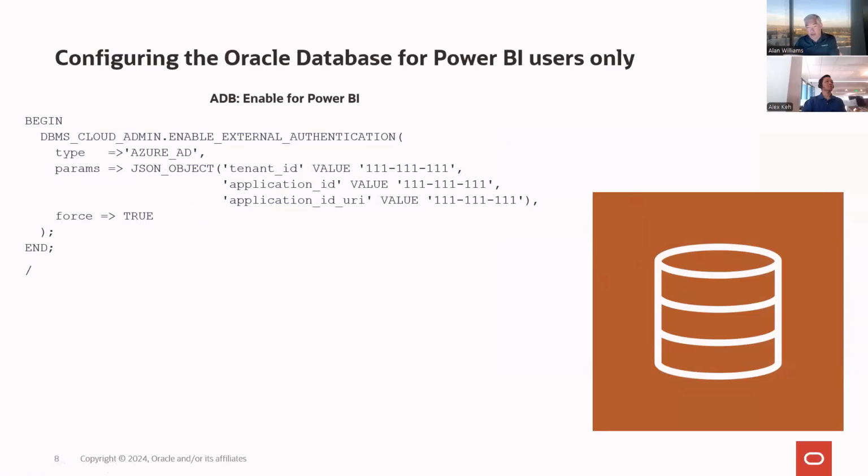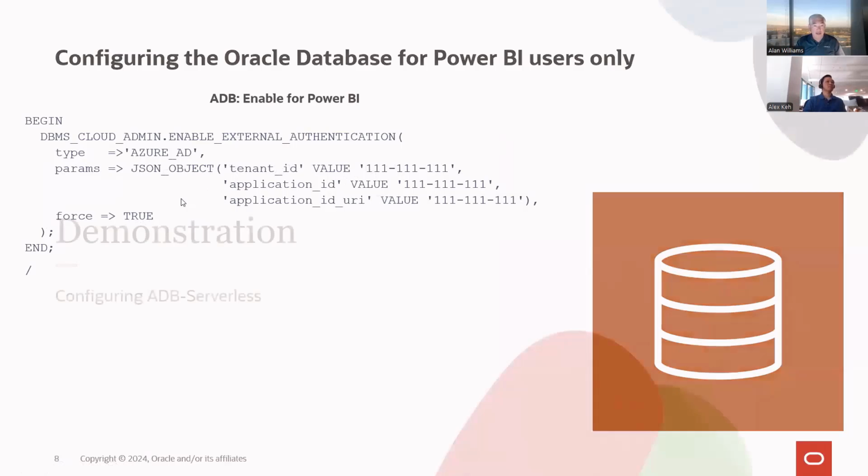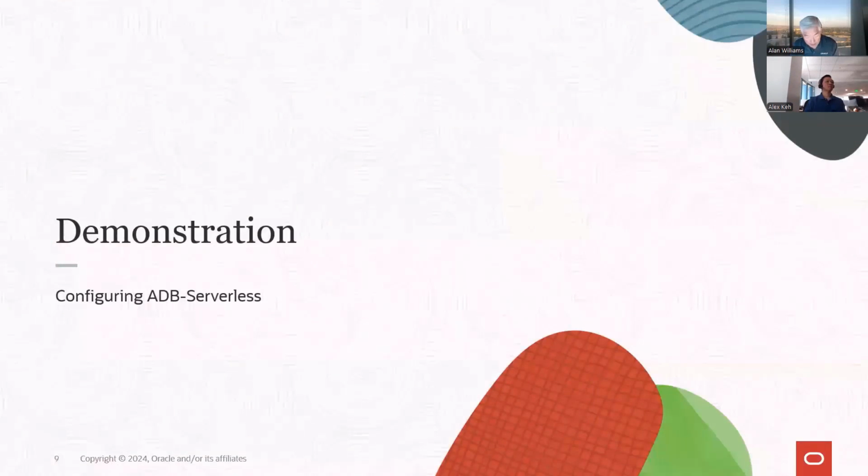Instead of two alter system commands, they just have a DBMS Cloud Admin procedure, but you have the same information in there. You see the Azure AD for the type and the JSON object for these parameters. Again, you can just put dummy values in here. All right, that's it. We'll just jump into the demo.